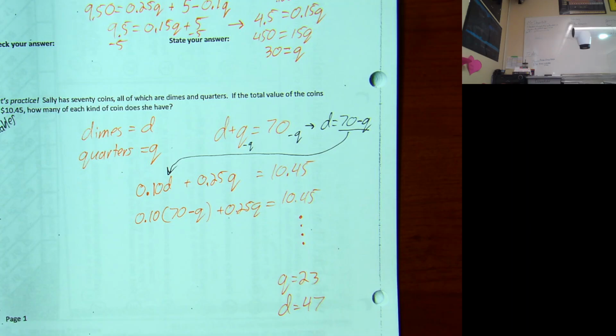So then we can add the 0.25. Write it out for us.